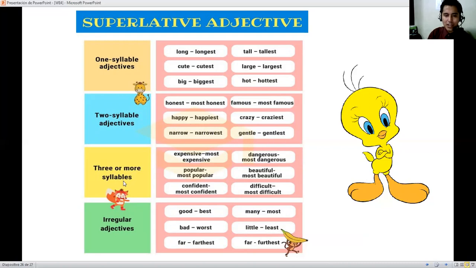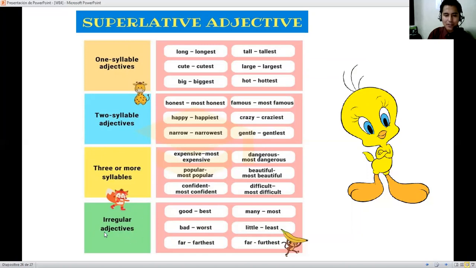For three or more syllables, we have these examples. Expensive, most expensive. Popular, most popular. Confident, most confident. Dangerous, most dangerous. Beautiful, most beautiful. Difficult, most difficult.